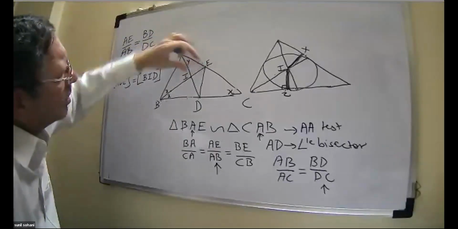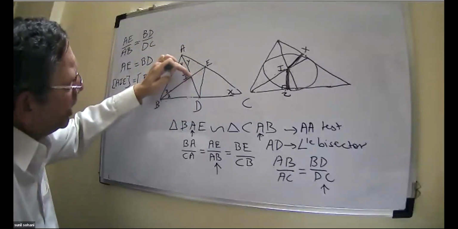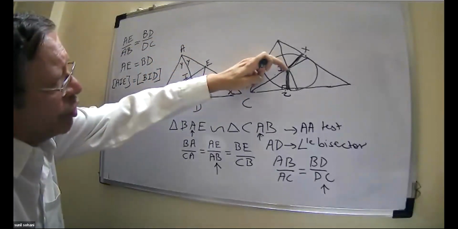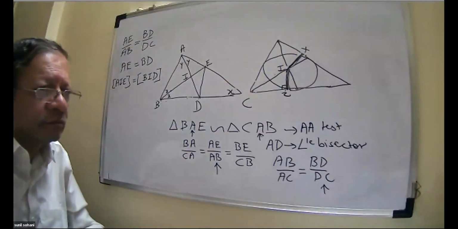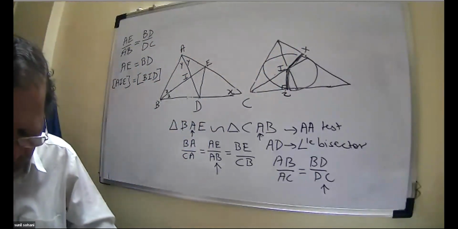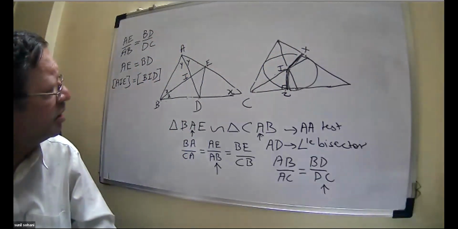In this picture also you can see they are slanting lines. The height will be a vertical drop, which I have shown here nicely. Is it clear what you are saying? Yes, sir. So ID cannot be the radius.